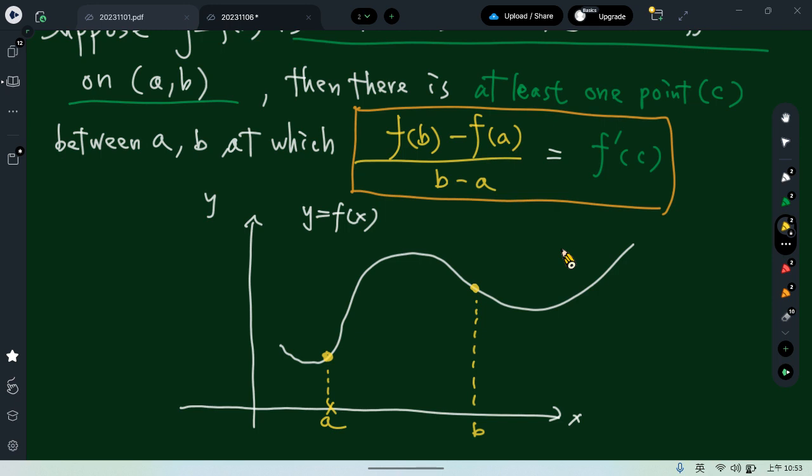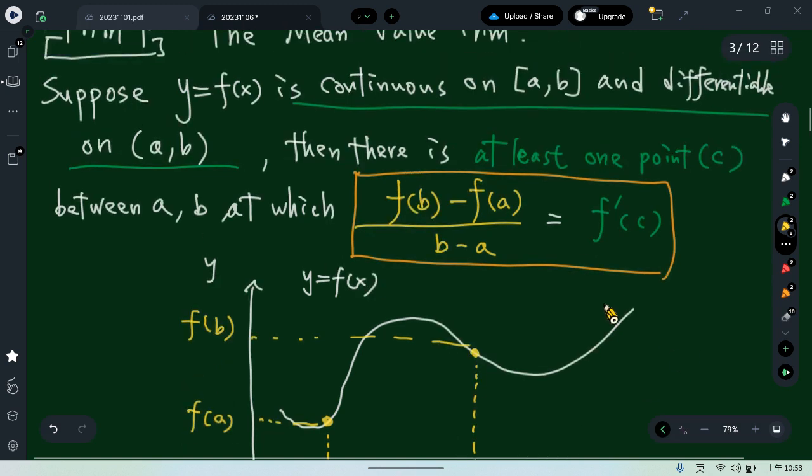But for Rolle's, these 2 points should have the same function value. But for the general one, I mean the mean value theorem, these 2 points don't need to have the same function value. So you can see f of a is here, but f of b is here, right?